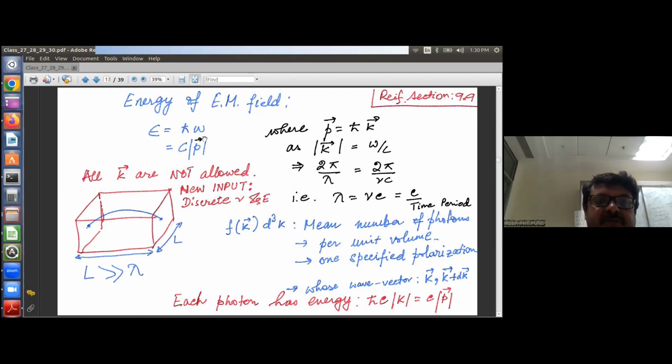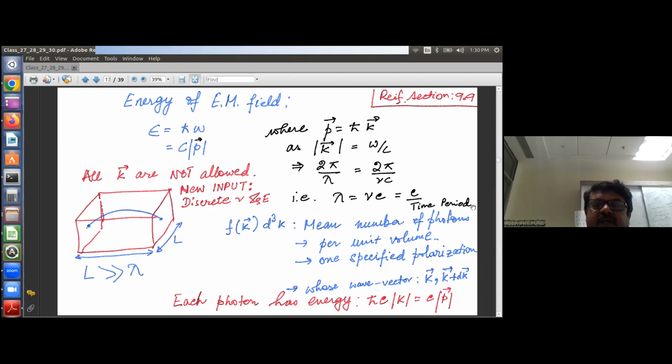So the question is, what frequencies are allowed? What wavelengths are allowed? These are the standard set of formulas which you might be familiar with: p equals h cross k, k equals omega by c, and k is 2 pi by lambda, where lambda is substituted as nu c, that is, c times the time period.